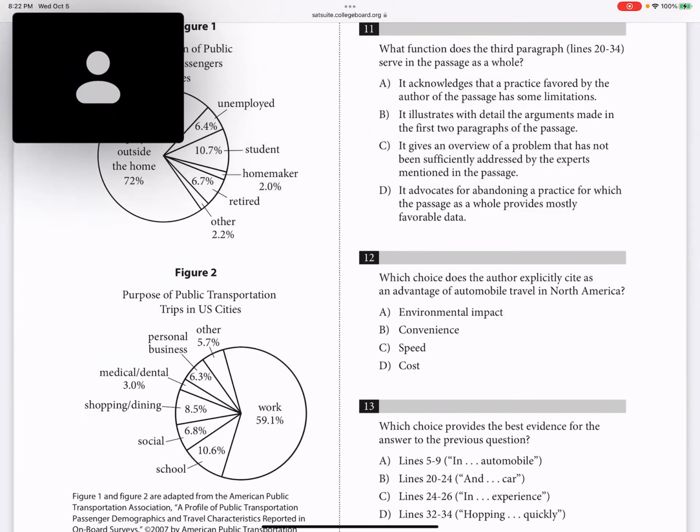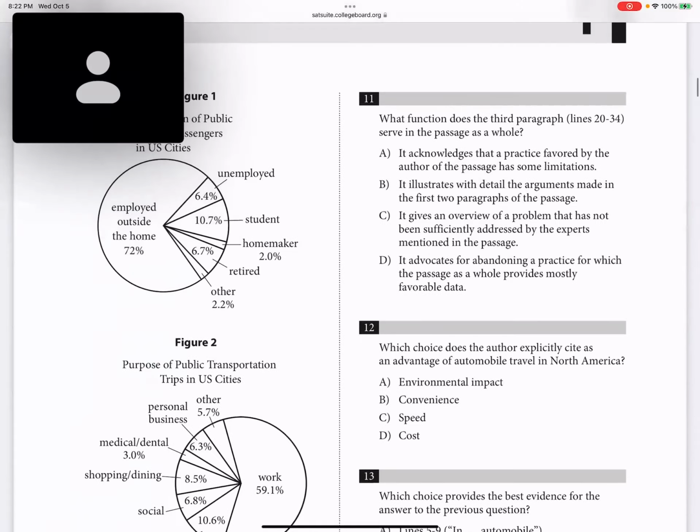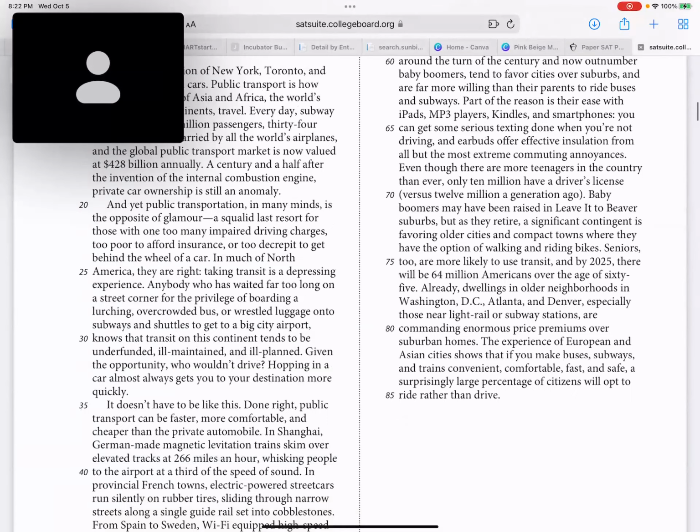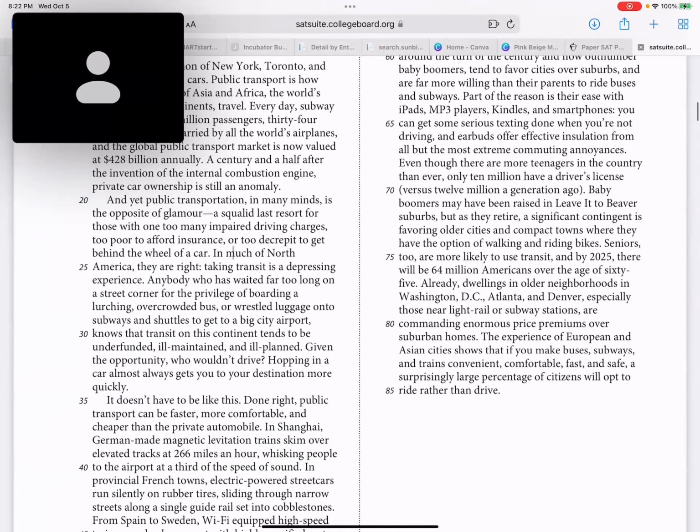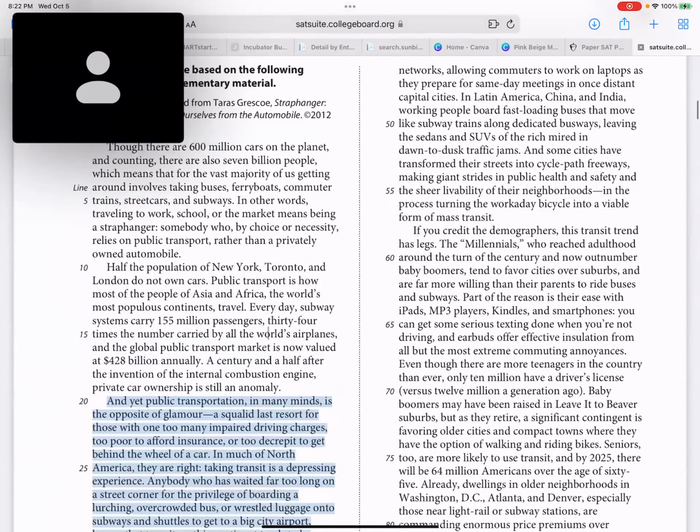Number 11: what function does the third paragraph, lines 20 through 34, serve in the passage as a whole? So this is lines 20 through 34. What did those function as a whole?